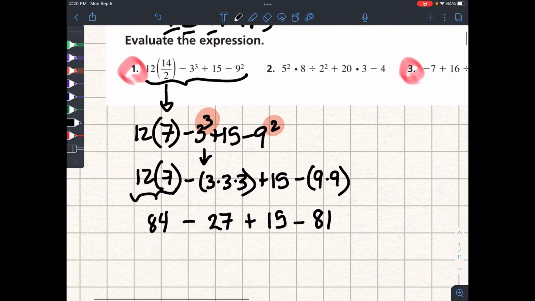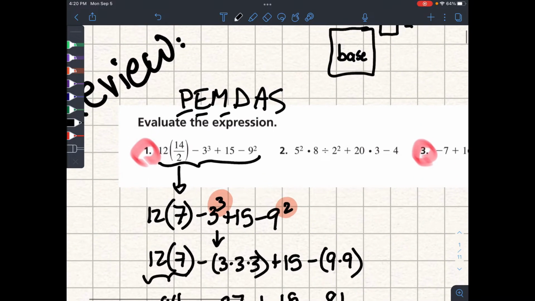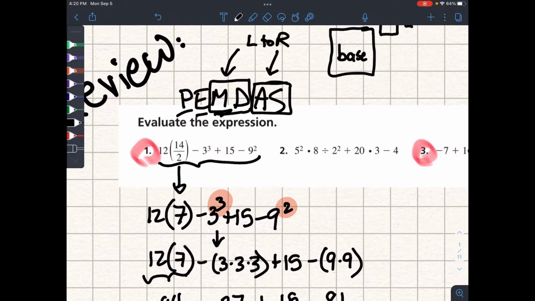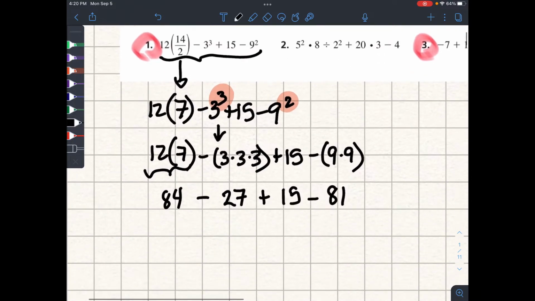So now we can add and subtract. My preference here is work left to right, yes? So PEMDAS, it's not like multiplication occurs before division. It's not like addition occurs before subtraction. These occur as they happen from left to right. All right?